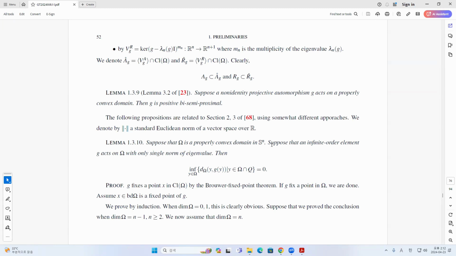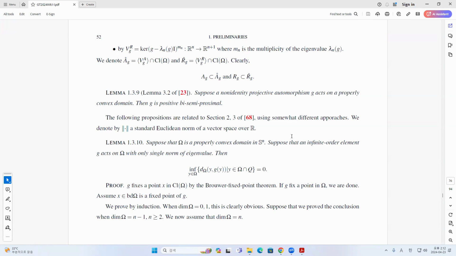So suppose that omega is a properly convex domain and g is an infinite order element with only a single norm of eigenvalue, then you can show that the infimum of the distance that it moves is actually zero.